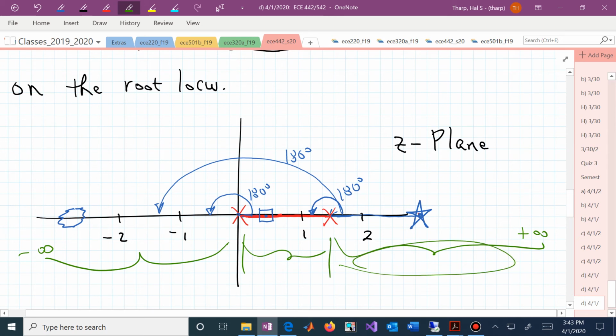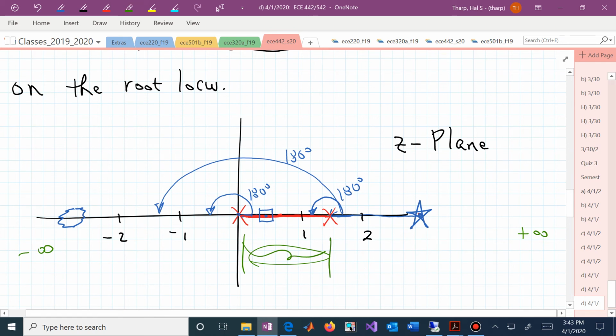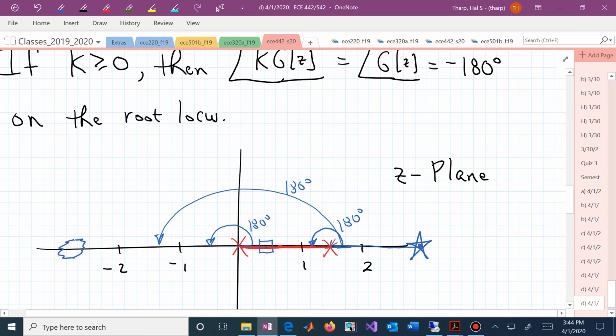We have this segment, and that segment. And there's only one segment corresponding to allowing the root locus, the closed loop poles that satisfy that closed loop denominator expression, to be roots of our closed loop characteristic equation. And those are now indicated by the red line segment.